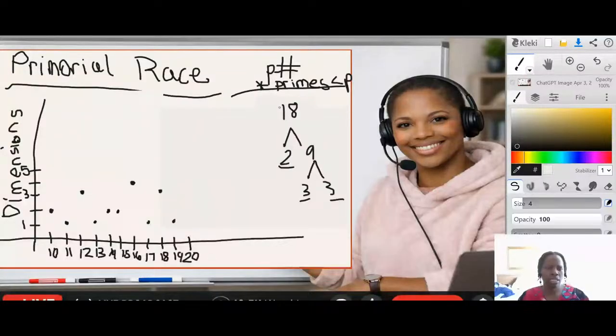And 20, let's look at 20. 20 is even, so one of the factors is 2, and the other factor is 10. 2 times 10 is 20. 10, we did earlier, breaks down into 2 and 5. So that's 1, 2, 3 prime numbers that make up 20.